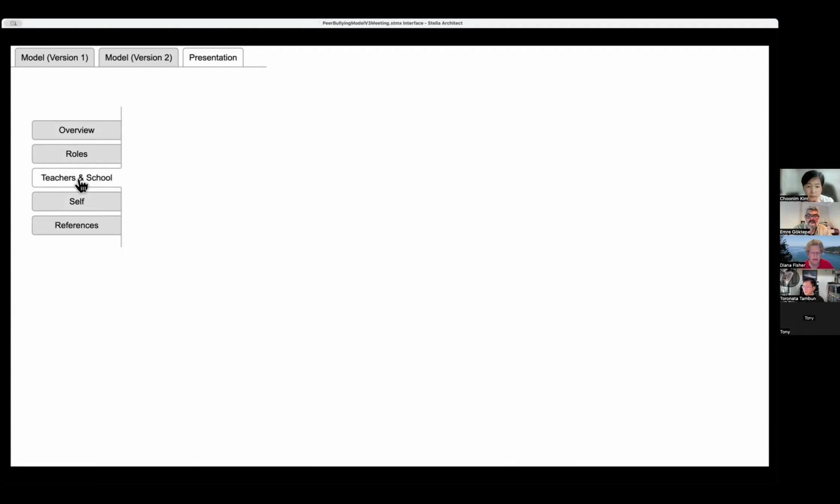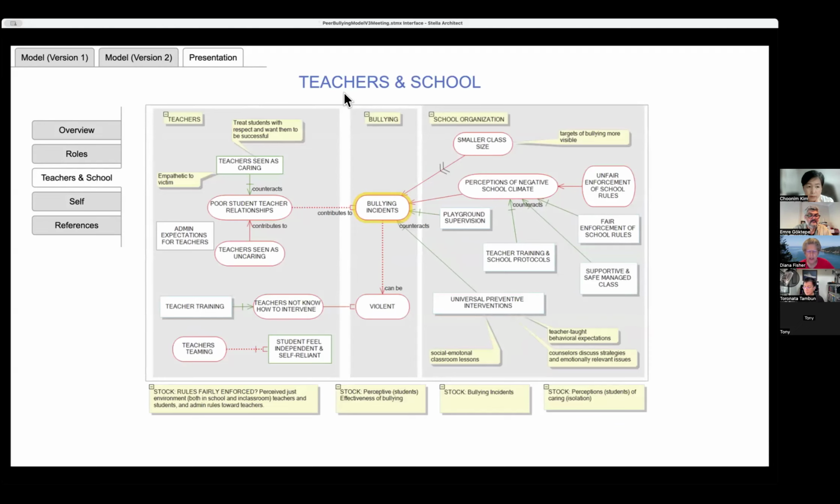And then we have this one, which is talking about bullying incidents in a school and how teachers can be a possible influence on bullying, and then the school itself, how that could affect bullying incidents. And we decided, who is our real audience for this model that we want to build?